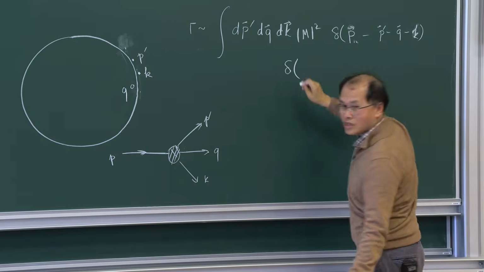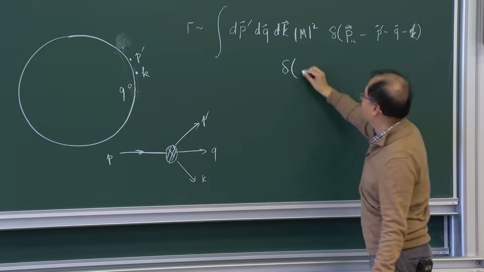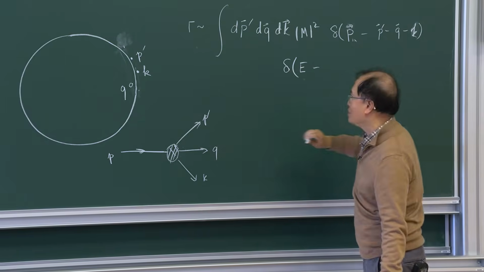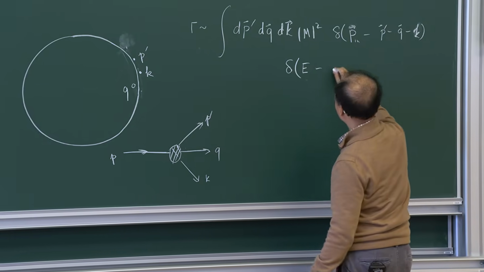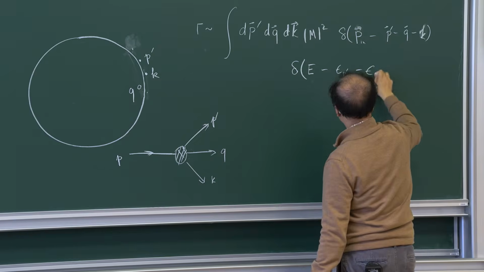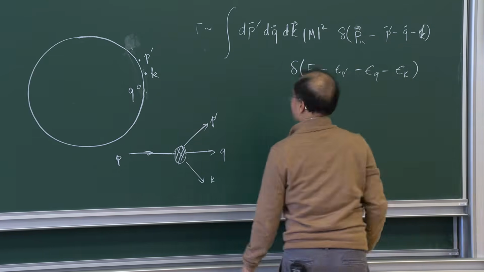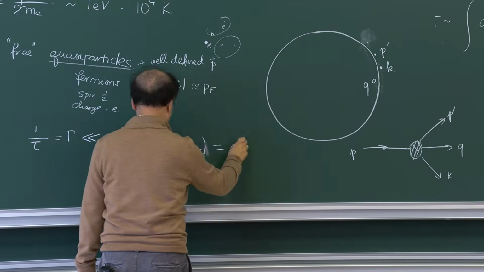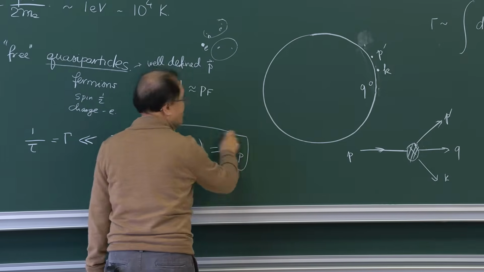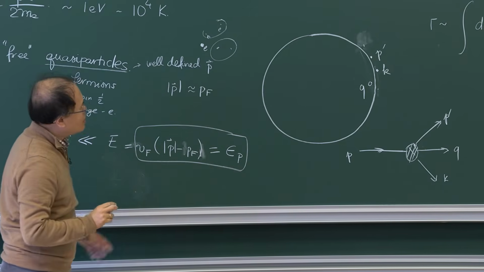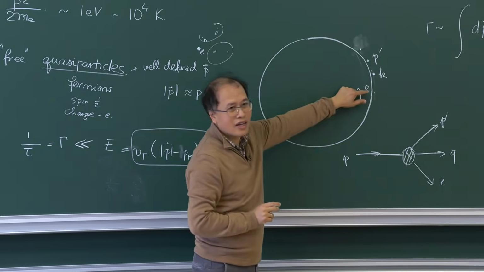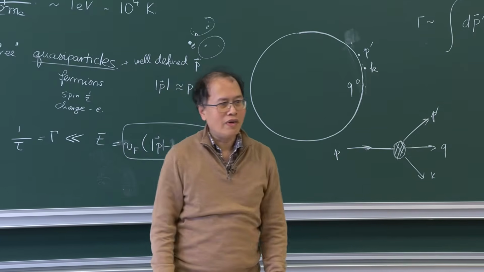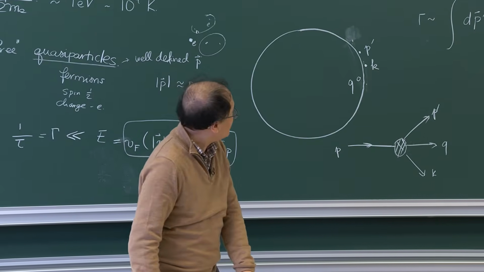The other is the conservation of energy. Let's say the energy E of the initial state minus the energy of p' minus the energy of q minus the energy of k, where by energy, epsilon of p, I mean this construction. Here I should be a little more careful with the hole because the energy of the hole is minus, but I'm going to do only an order of magnitude estimate, so that is not very important.